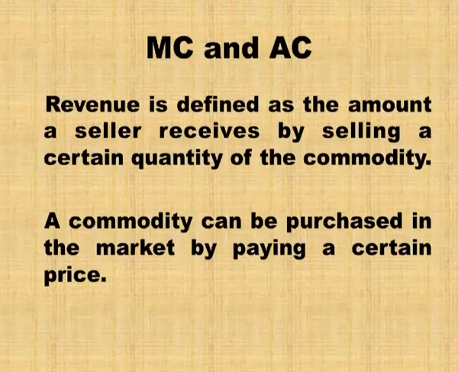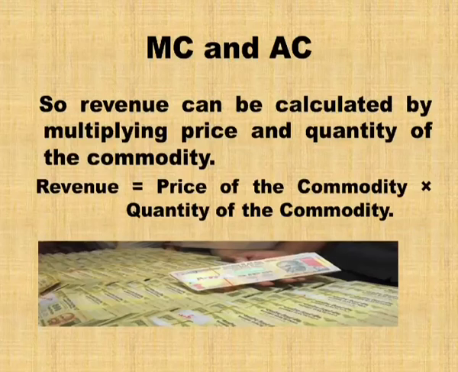We all know that a commodity can be purchased in the market by paying a certain price. So, revenue can be calculated by multiplying price per unit paid into quantity of the commodity, and hence we write revenue equals price of the commodity into quantity of the commodity. During a given period of time, the seller sells certain quantity of the commodity.